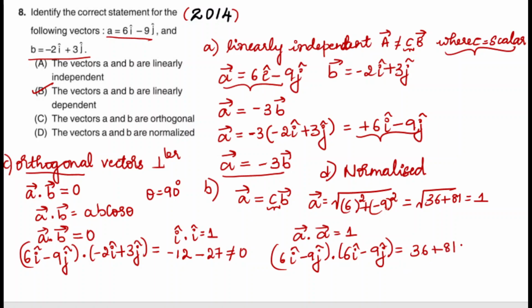Okay, so we are not getting the value to be equal to 1. Now I can say this fourth statement is also the wrong statement. I hope everyone is clear and everyone understood this question and the concepts.